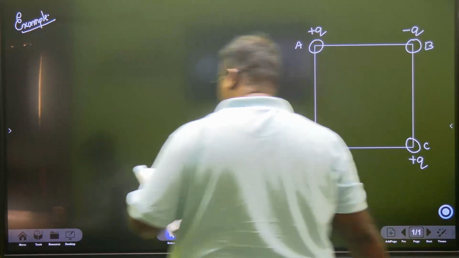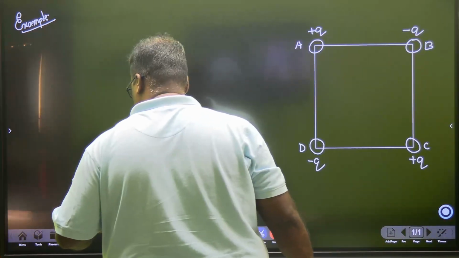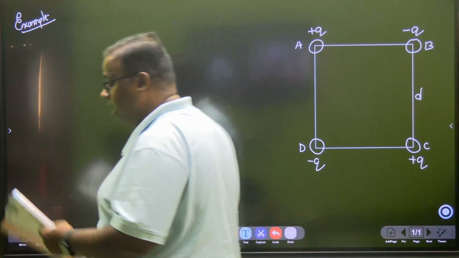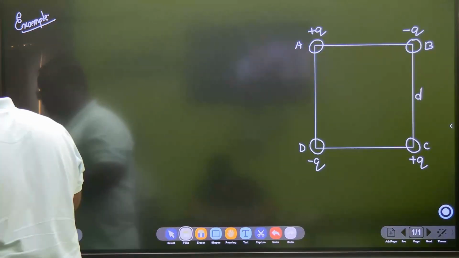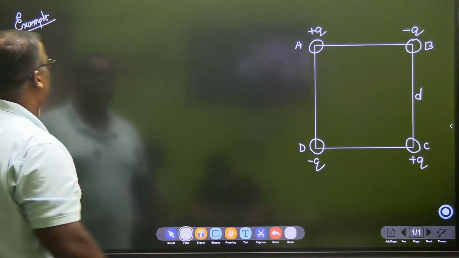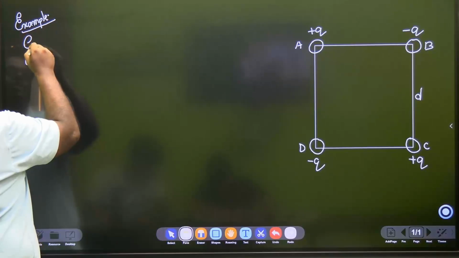So let us see what it says. The side of the square, this is a square, so the side is D. So let's first write down what is given. 4 charges are arranged at the corners of a square. Okay, so let's write our given data.